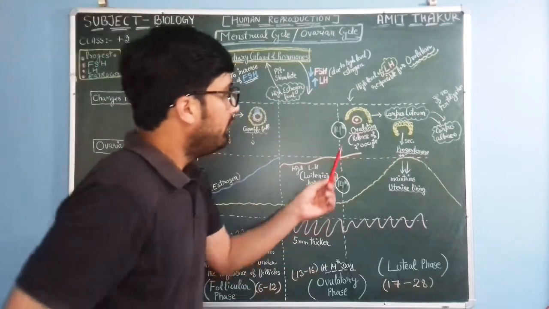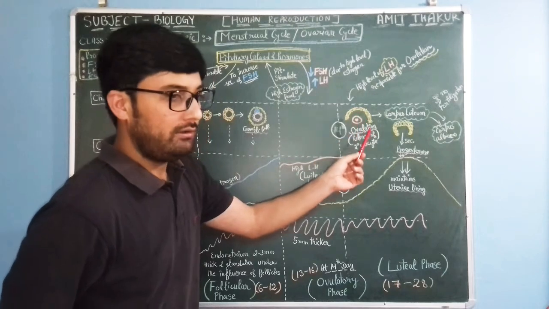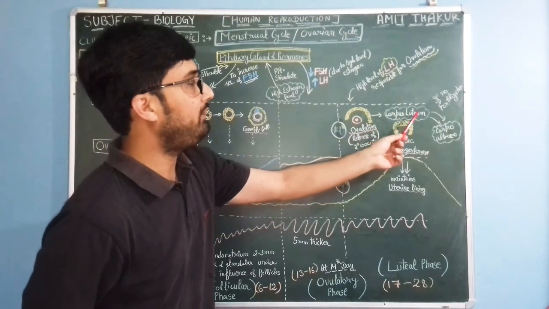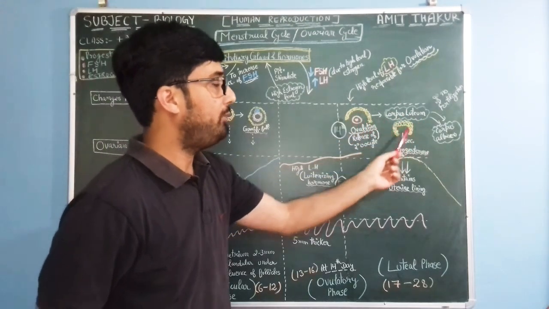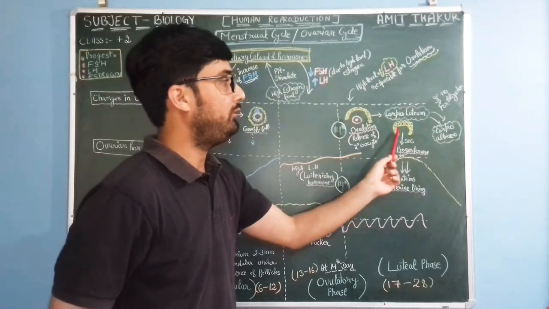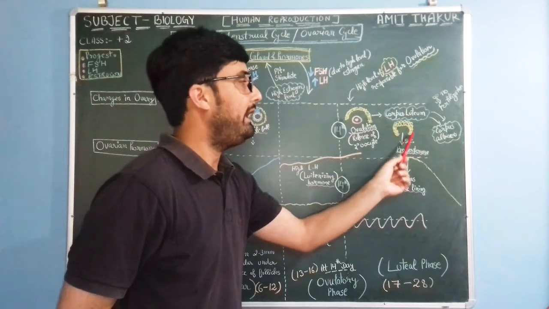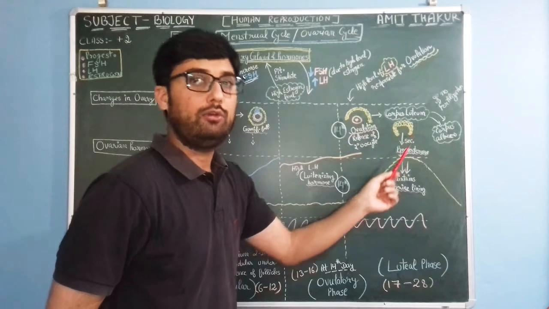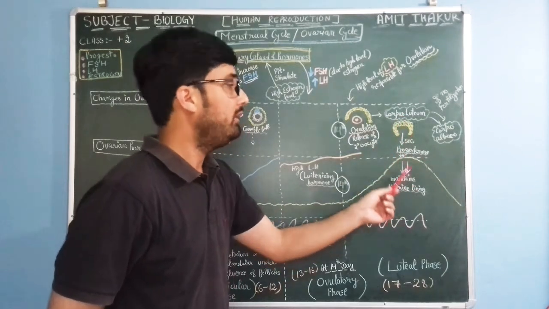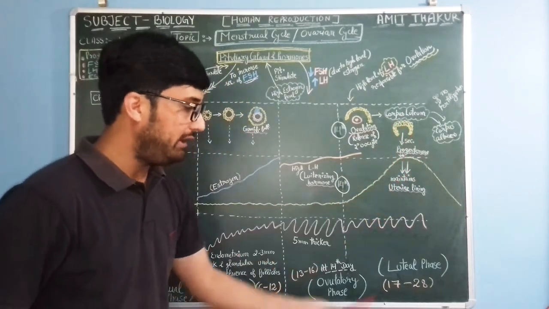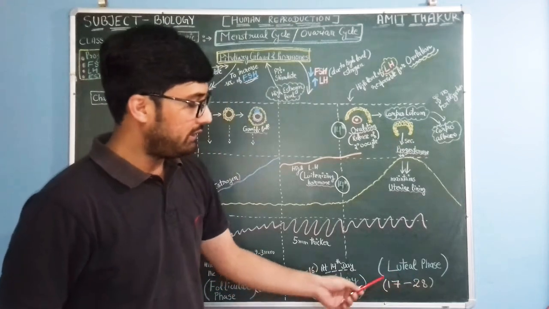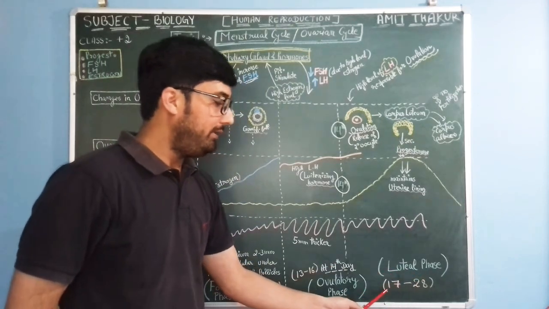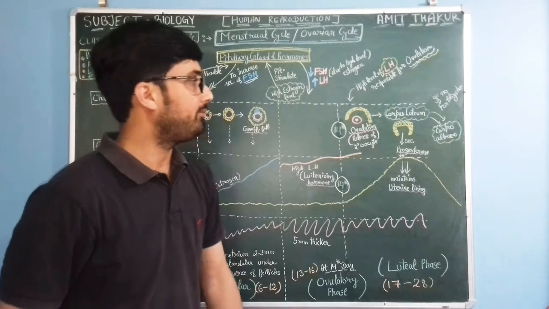Okay, so after ovulation, what is happening? Corpus luteum is formed, and this corpus luteum acts as a temporary endocrine gland which secretes progesterone, which maintains the uterine lining during the luteal phase, which occurs from day 17 to day 28.